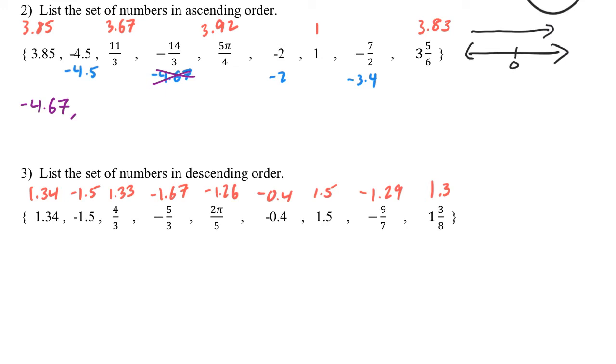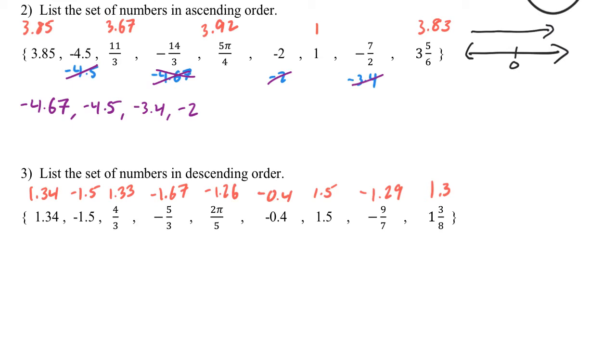But just give it a little cross off there. Then we're walking in towards 0. What's the next number we're going to hit? Negative 4.5. All right, and slightly closer, negative 3.5, and even closer, negative 2. All right, so we're going from least to greatest. We've got our negatives down. Let's go get our positives.